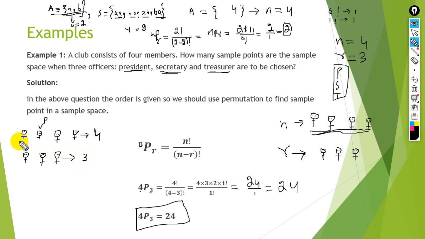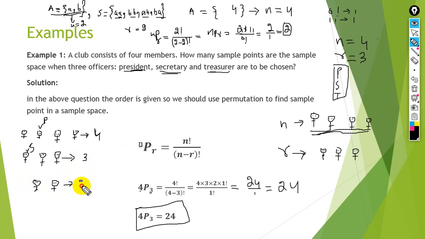For example, this one became secretary. Now how many persons are left? 2 persons are left. From these 2 persons I want to select the last one, which is the treasurer.